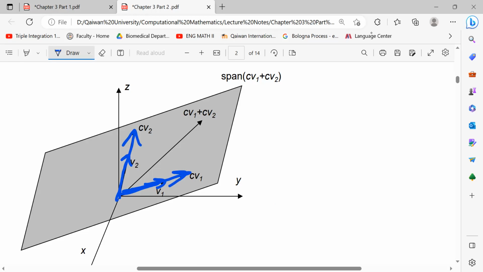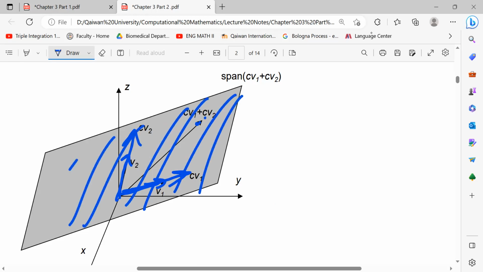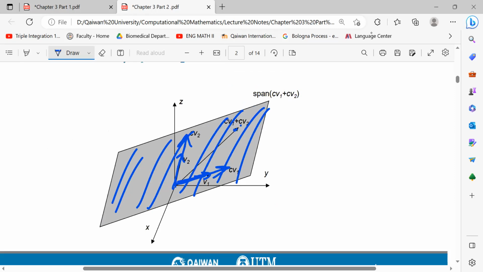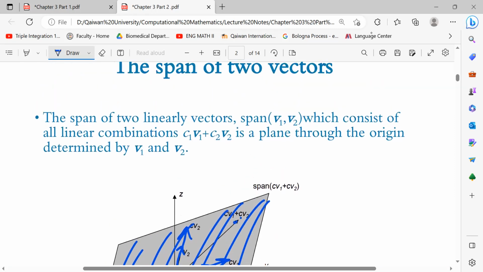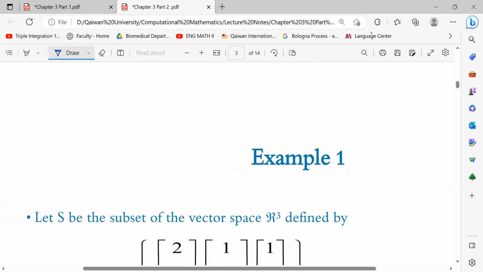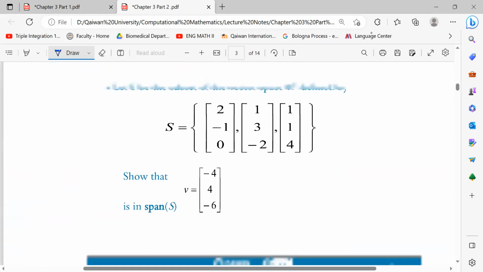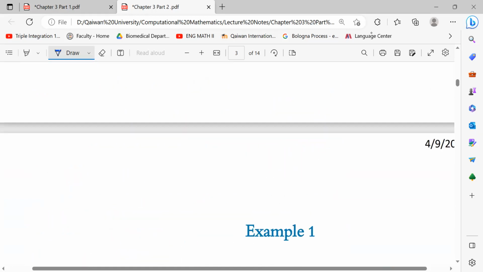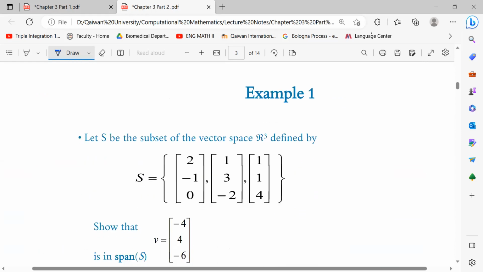So the plane made by cv1 and cv2 is the sum of them. Look, we make this parallelogram. So this plane is the span if we have only two vectors in it. Look, in examples, it's different from what we did above, actually.